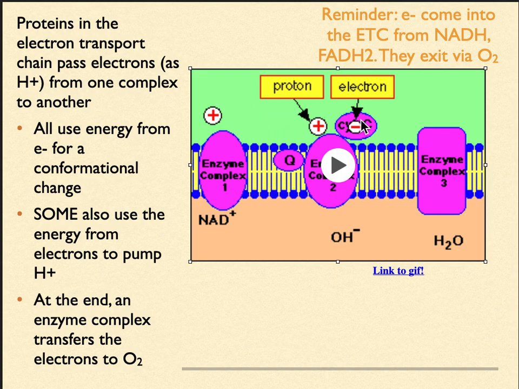So recall that molecules and electrons and protons as well tend to move from higher concentrations to lower concentrations, right? Well, we're keeping the protons from moving to a lower concentration across the membrane because they can't move across the membrane. Why is that? Because they are charged. Charged molecules cannot move across the membrane. So we're storing up all these positive charges on one side of the membrane.